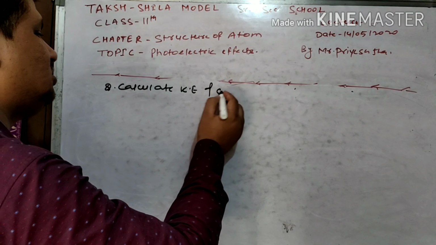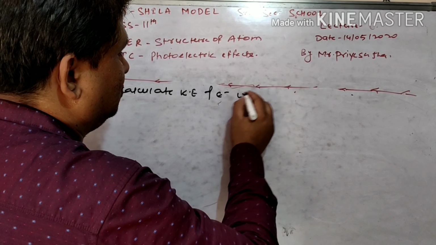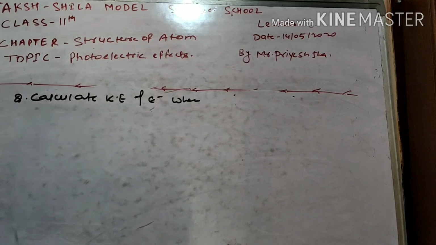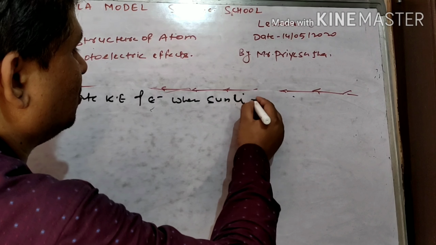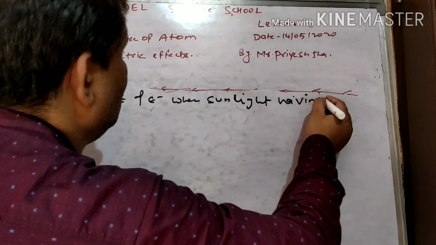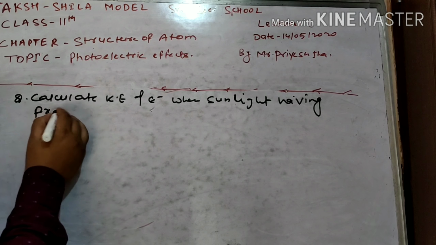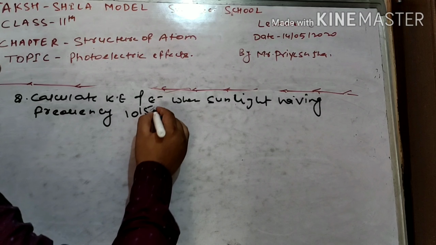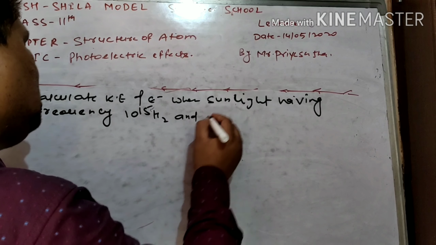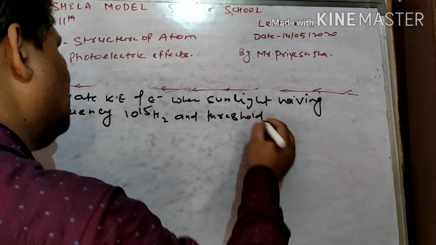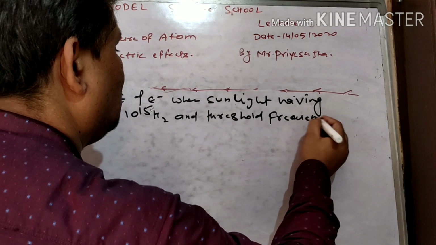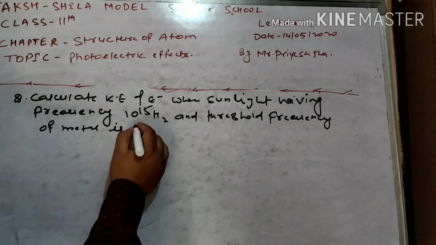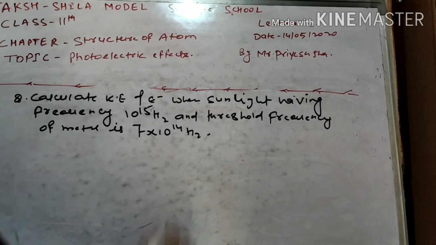Calculate kinetic energy of electrons when sunlight having frequency 10 की पावर 15 hertz and threshold frequency of metal is 7 into 10 to the power 14 hertz.